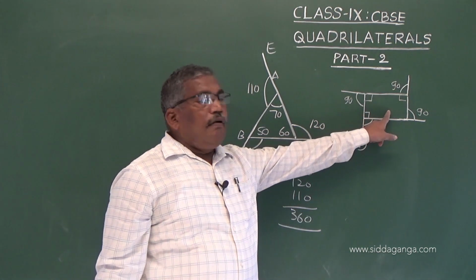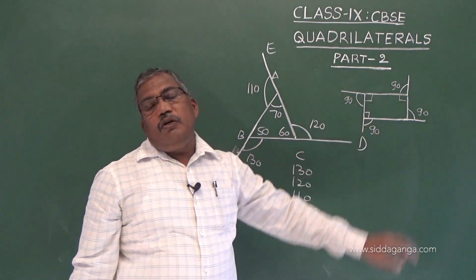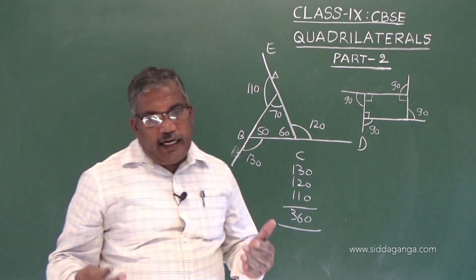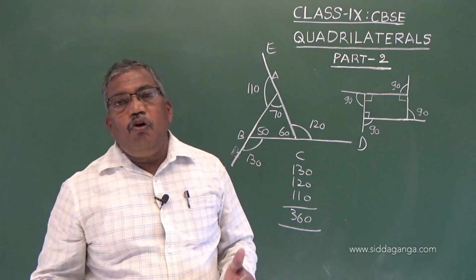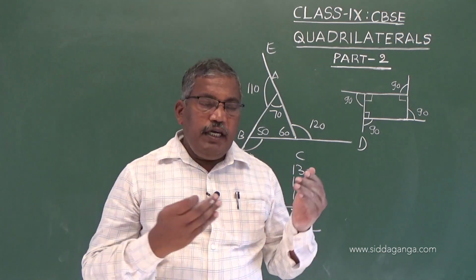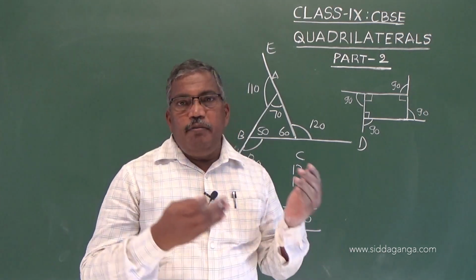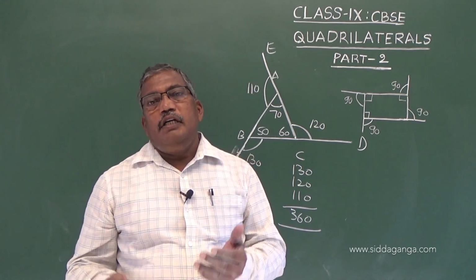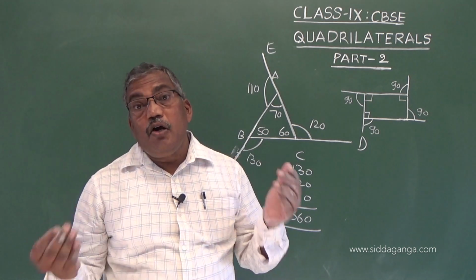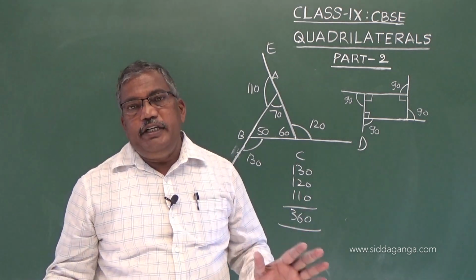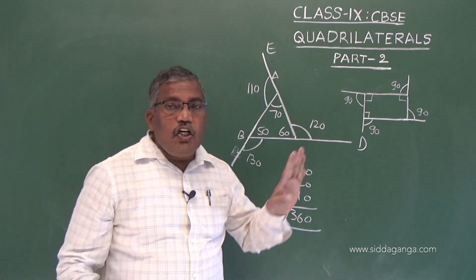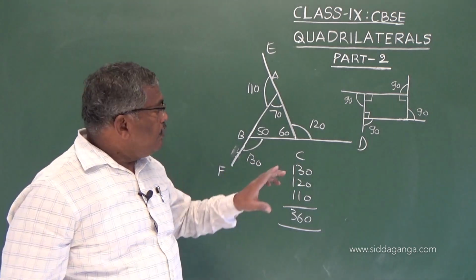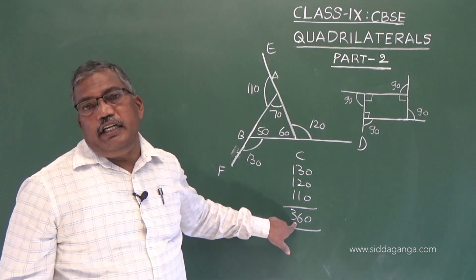In a quadrilateral also it is 360. So likewise, the exterior angle total of any polygon, whether a quadrilateral, a pentagon, a hexagon, a heptagon, or an octagon of any number of sides, in all closed polygons will be 360 degrees.